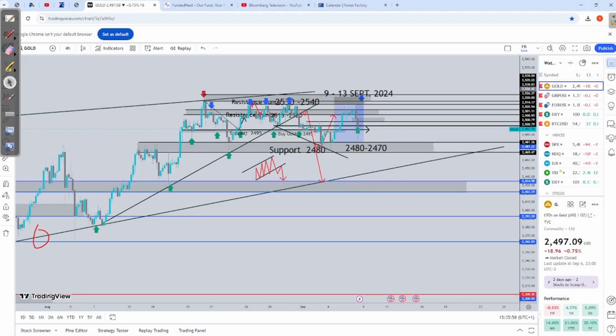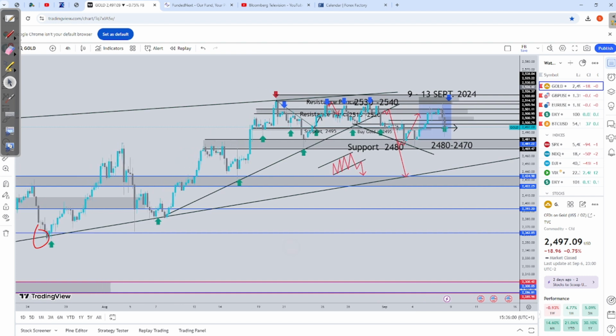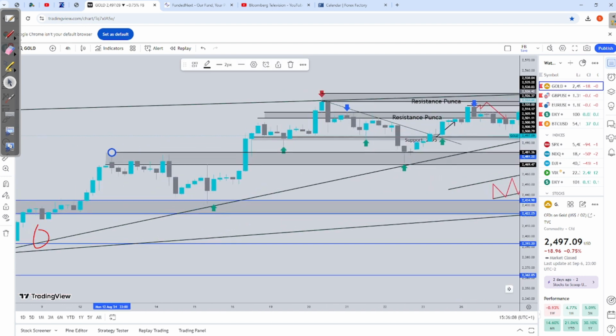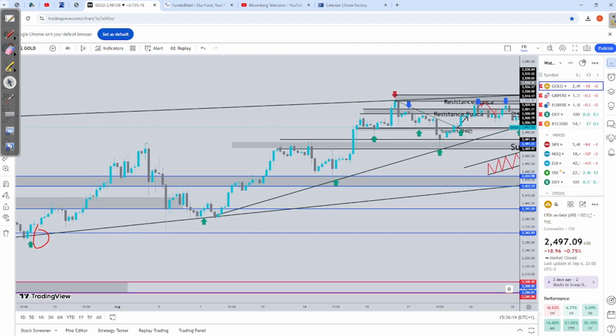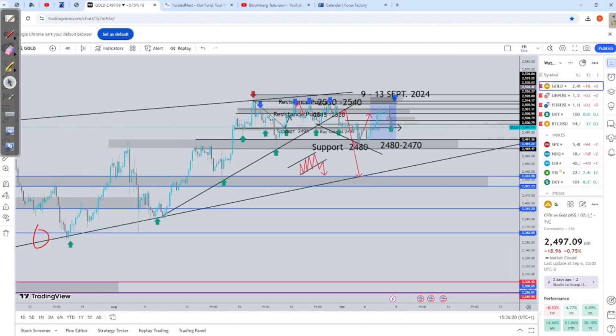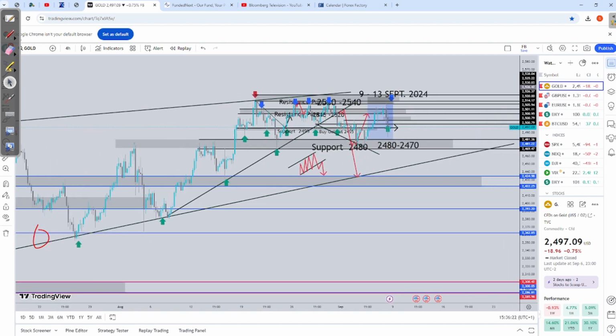I don't know if you can also look at it very well. You can attest to the fact that this area is a support. This is resistance.